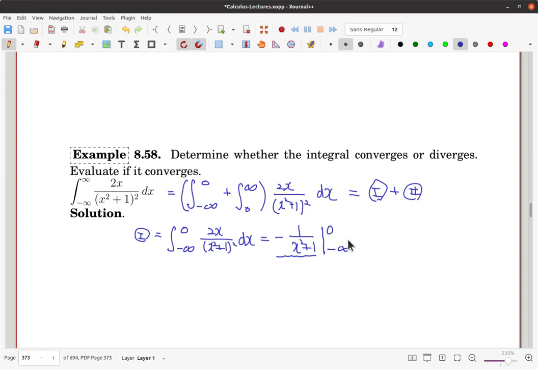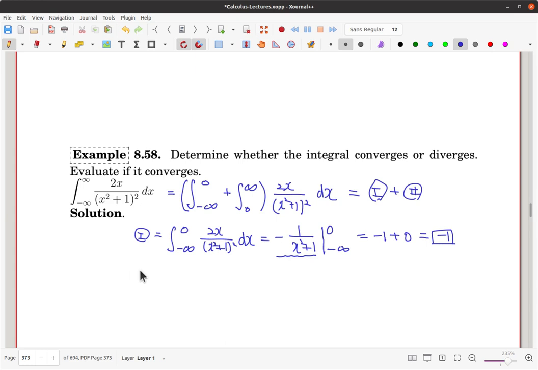If x goes to infinity, this whole thing goes to 0. At 0 the value is minus 1, and the second portion is 0, so the value is minus 1 for part 1.